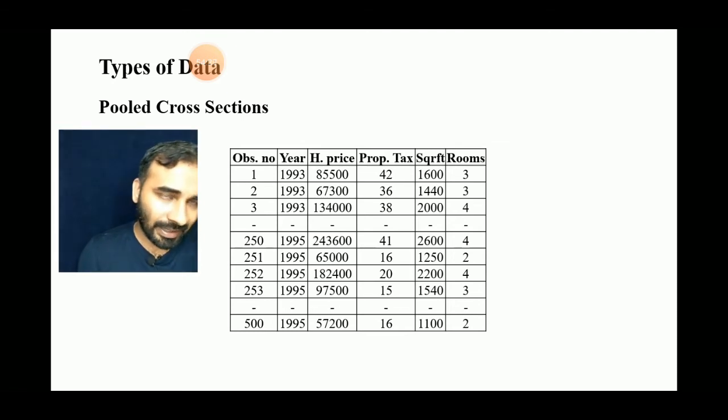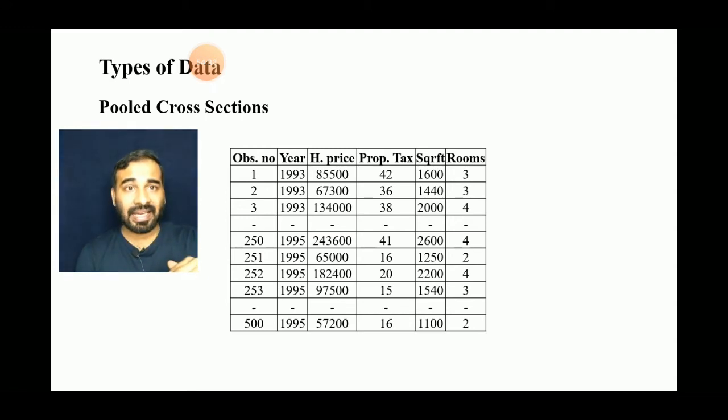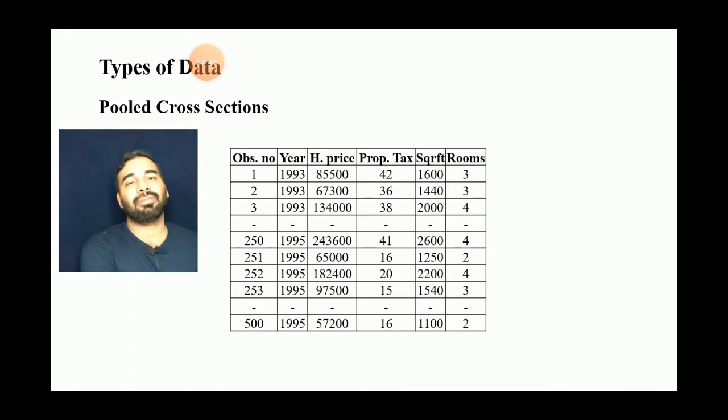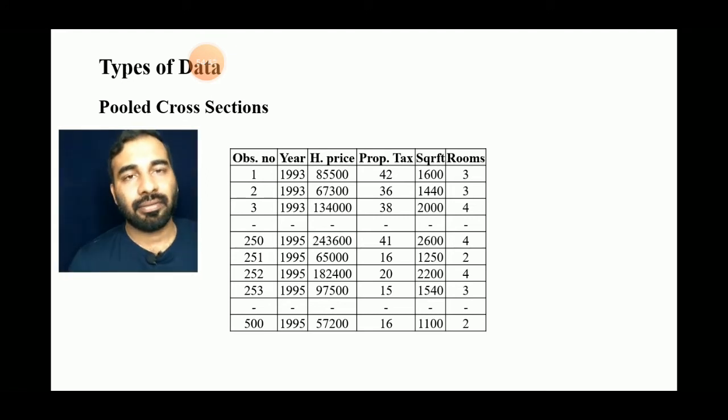Next, 1995, another year, another 250 people. In total we have 500 observations in 2 different periods. So this type of data is known as pooled cross section data.